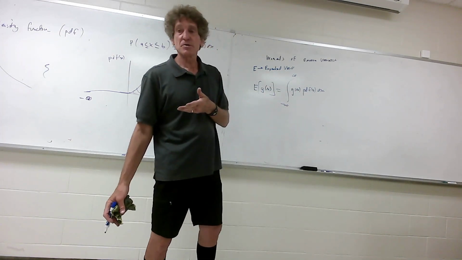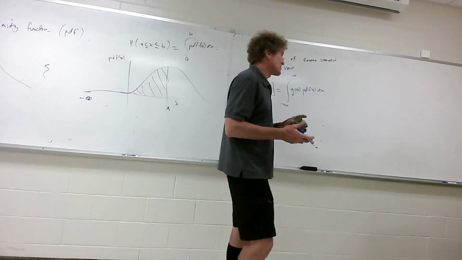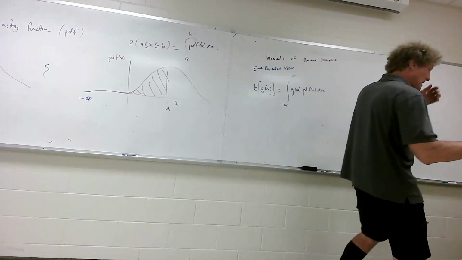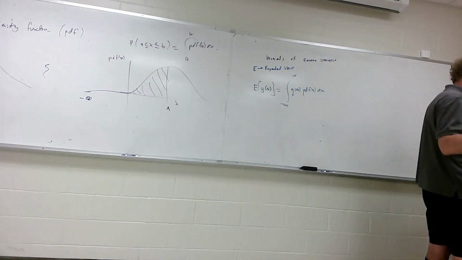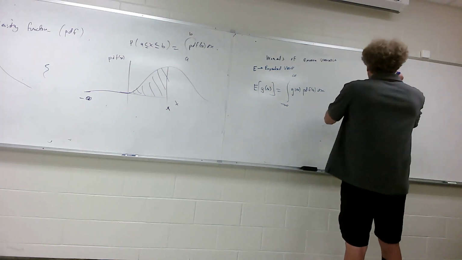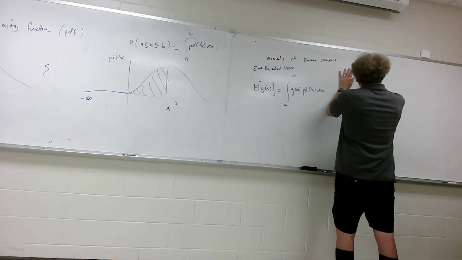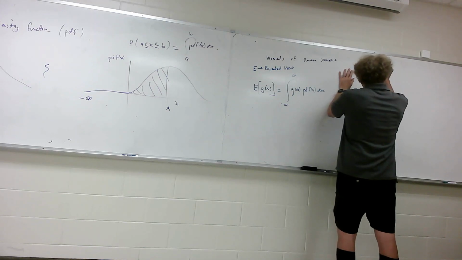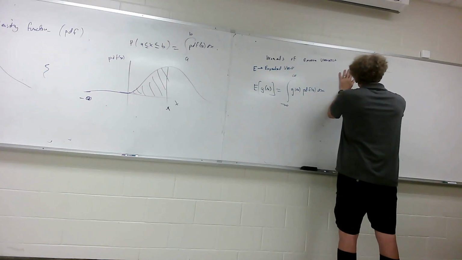The first and most common expected value is going to be called the mean value. And when we talk about the mean value, it's the expected value of just x, the random variable x.